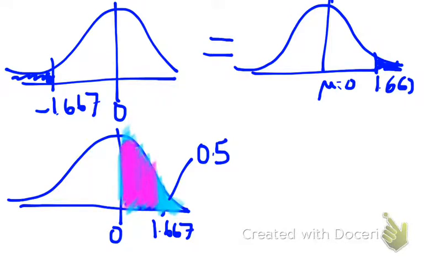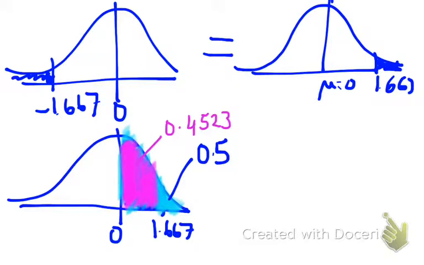That's what I'm going to get from my tables. And when I look that value up on our probability tables, it tells us that that probability is 0.4523.